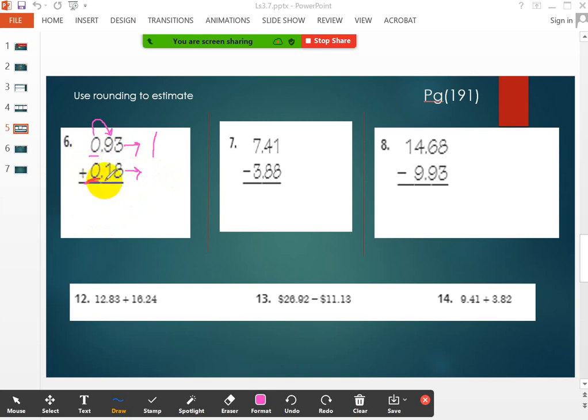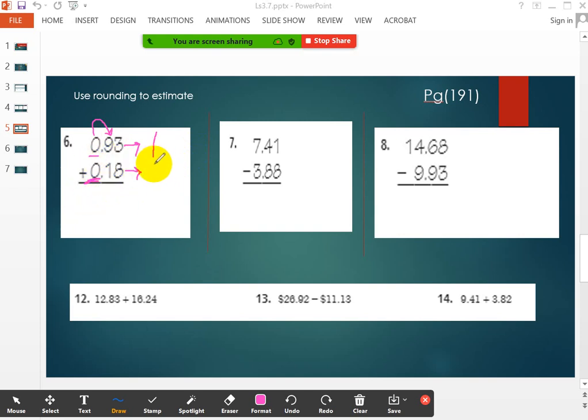Before the ones, I have what? Look, this is the ones digit. What is the value here? 1, right? 1 is less than 5 or greater than 5? Less than 5. That means I will keep the same number in the ones.